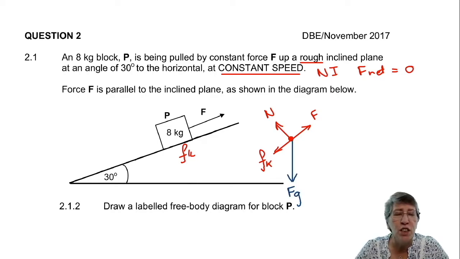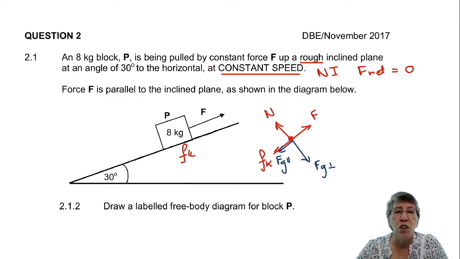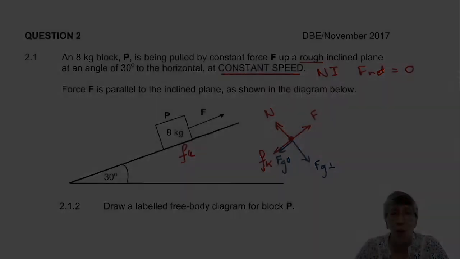For gravity, you can draw either the whole gravity, or you can substitute that for the two components. Just remember that you are never supposed to have the gravitational force and the components on one drawing. If you have them both, then you're actually drawing that force twice and you will lose that mark.